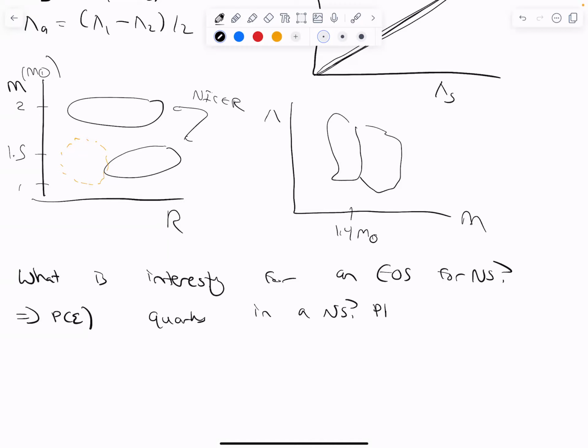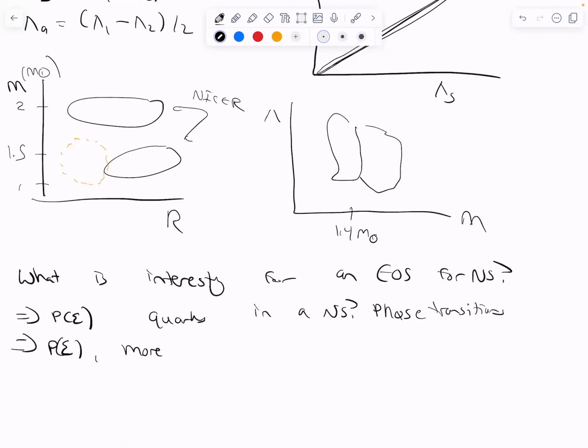Could we have phase transitions? And then the other issue that we run into is if we actually plot P versus epsilon, it's generally not that interesting looking. So we need other observables that help us identify features within the neutron star more easily.